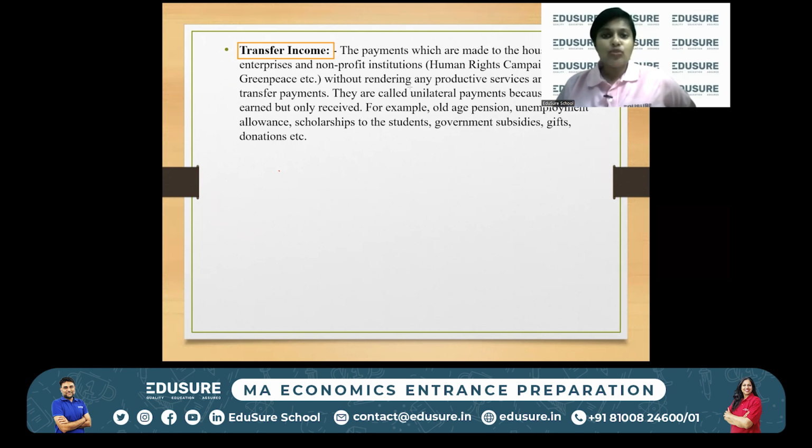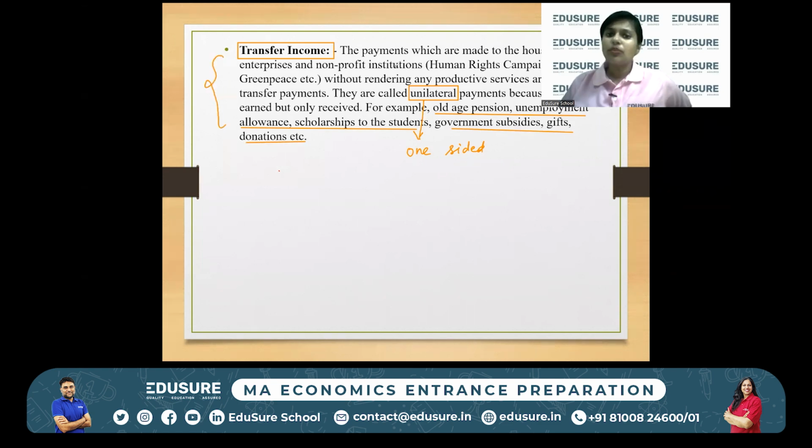Now they are unilateral. Basically the word unilateral means they are one-sided payments because they're not earned, only received. For example, old age pensions, unemployment allowances, scholarships to students, government subsidies, gifts, donations, all are a part of transfer income.